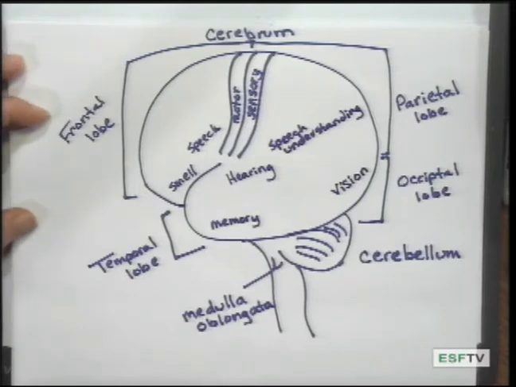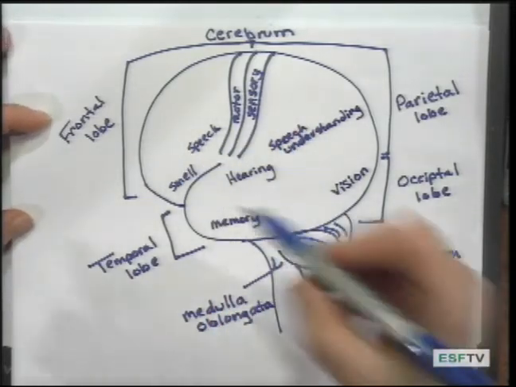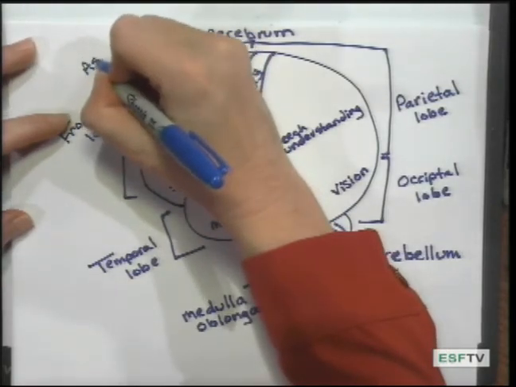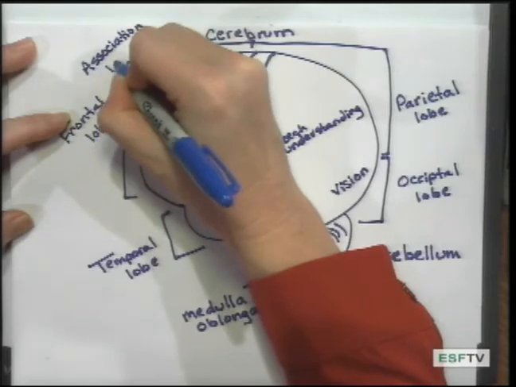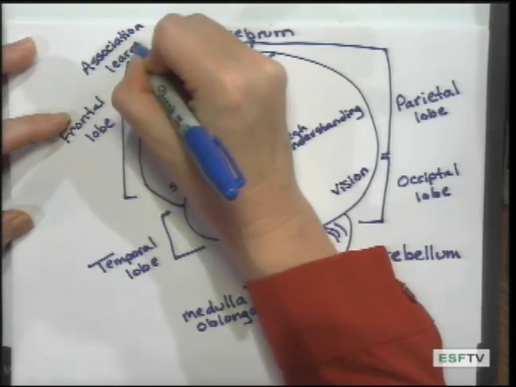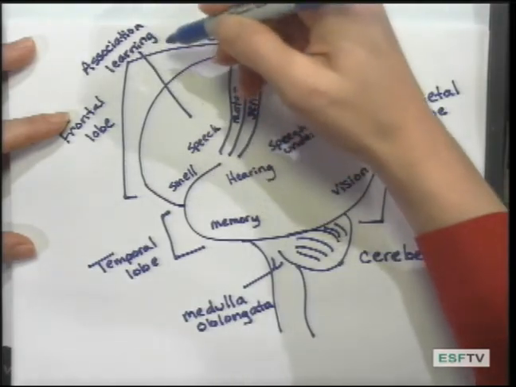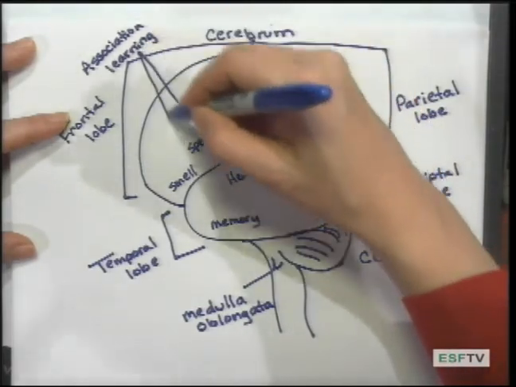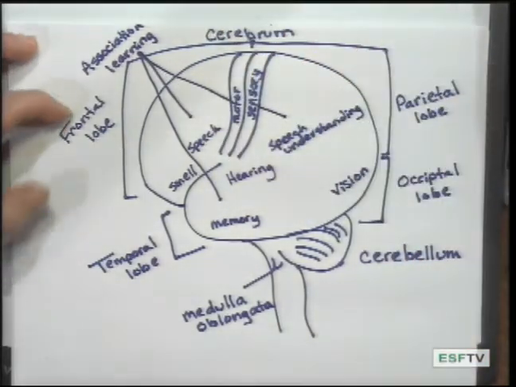Okay? Within several of these different lobes, you have overlap of different association and learning functions. So we find these in the frontal lobe, as well as the temporal and the parietal lobes.